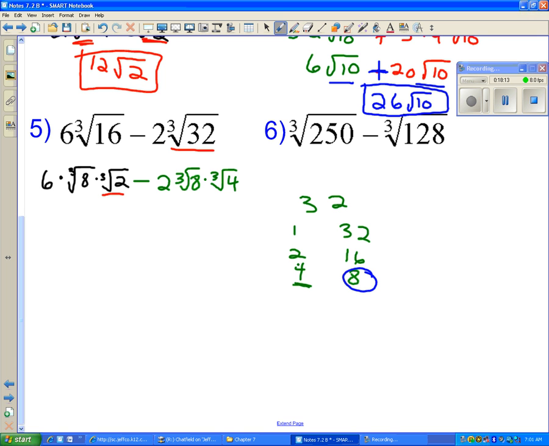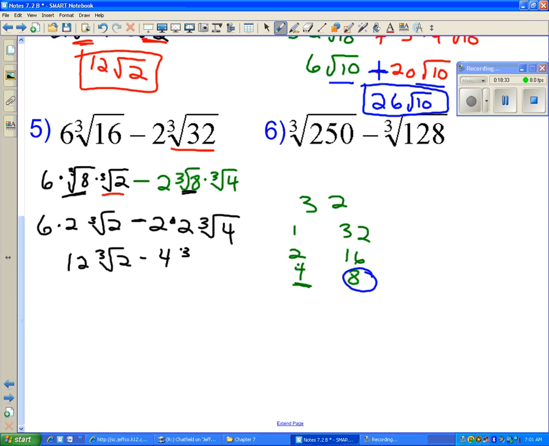So what does my next line look like? Well, the cube root of 8 here is 2, so 6 times 2, cube root of 2, minus 2 times 2, cube root of 4. 6 times 2 is 12, cube root of 2, minus 2 times 2 is 4, cube root of 4, and I have a problem.